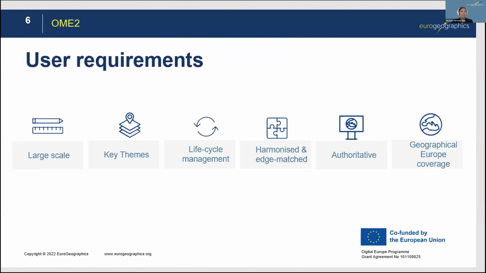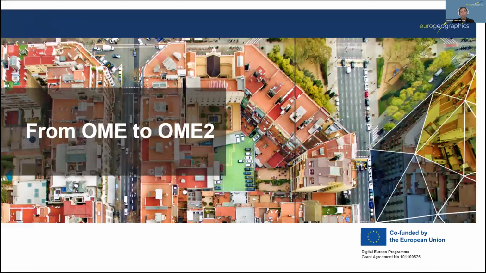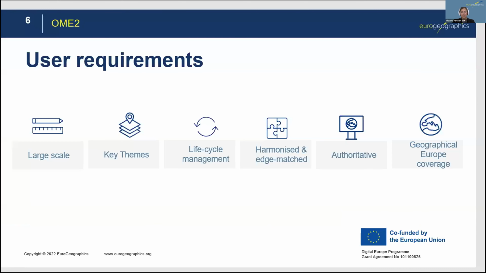It has to be harmonized and edge-matched, authoritative, and they need European coverage. Now, most of our data sets covered most of those requirements, but not the large-scale one. Our data sets are down to 1 to 100,000, and the requirement from the users is 1 to 10,000.